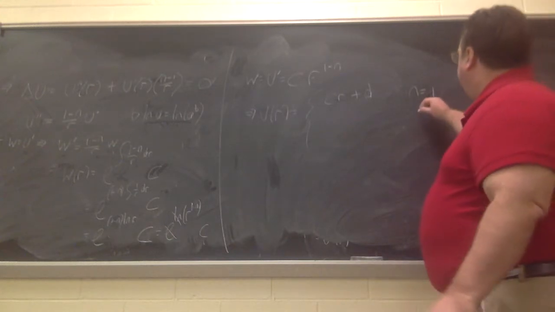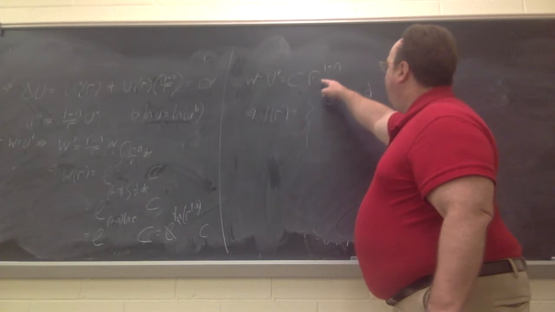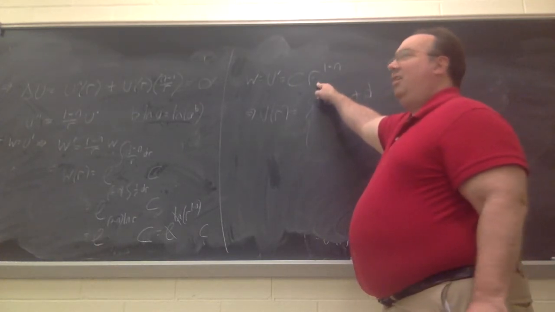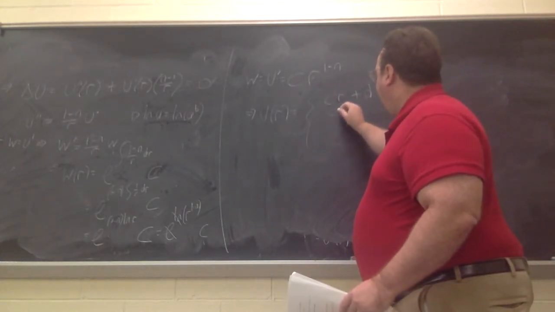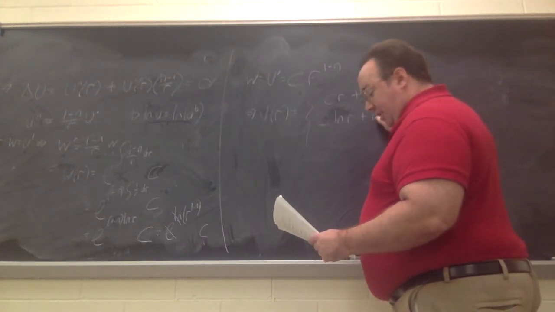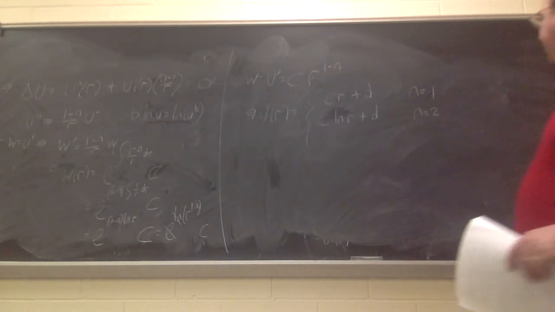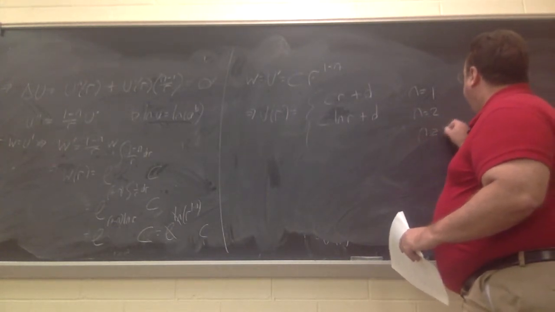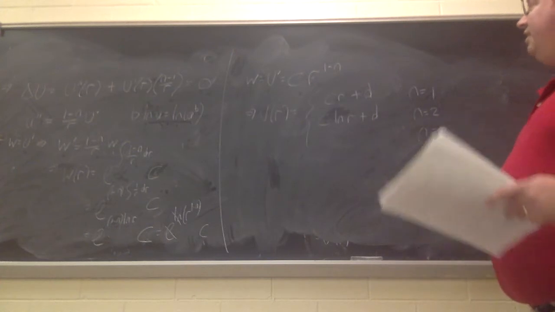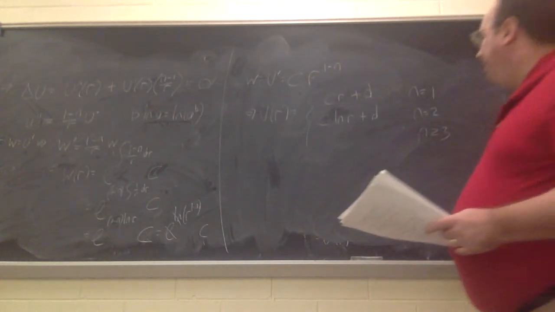If n is equal to 2, I have C times 1 over r. So I integrate that, and I get C times the natural log of r plus a constant. And then if n is greater than or equal to 3, all those cases are treated the same. It's just the power rule for integration.